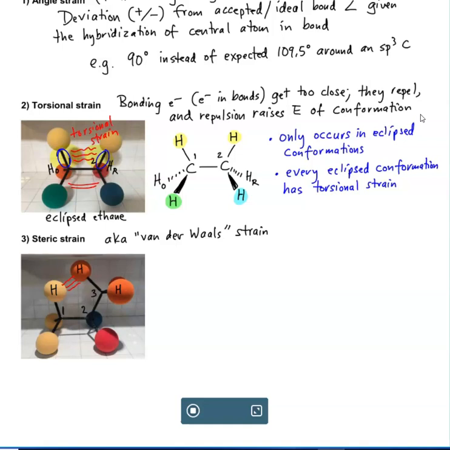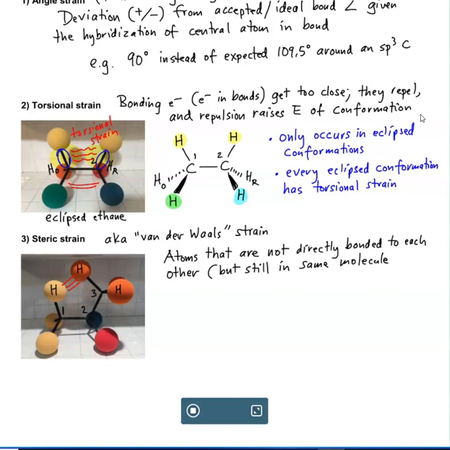So let's write a definition of this. Steric strain we would think of as being atoms that are not directly bonded to each other, but they're still in the same molecule, get too close in certain conformations. Their electron clouds repel.